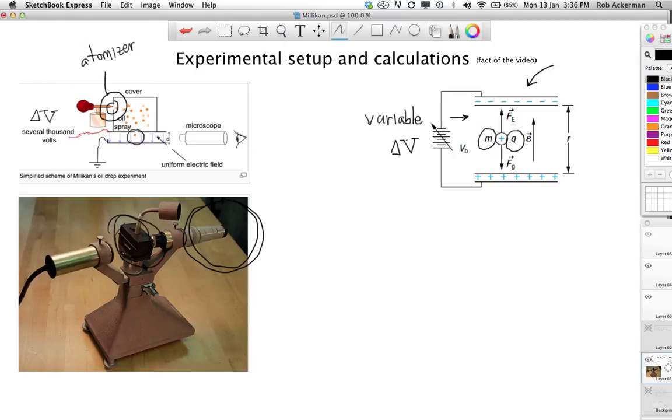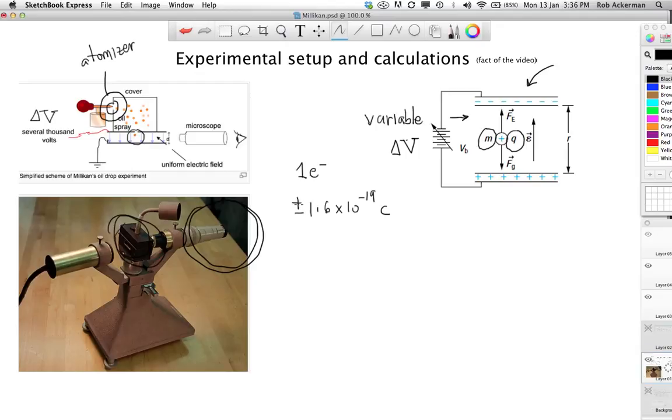Now, there's just one problem. We don't know how many charges each oil droplet has. Some of the oil droplets may have gained or lost one electron. Of course, if they've gained or lost one electron, then they have either plus or minus 1.6 times 10 to the negative 19 coulombs. If they gained an electron, it's the negative charge they have.